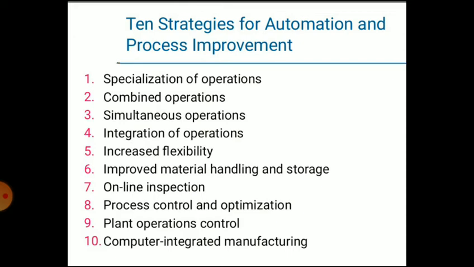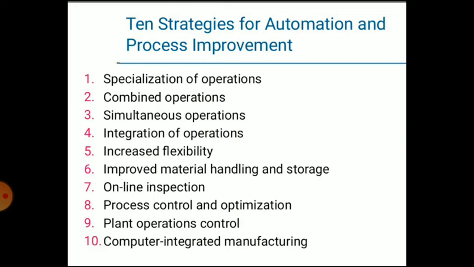So it includes first strategy, that is specialization of operation. Second is combine operations. Third, simultaneous operations. Fourth, integration of operations. 5, increase flexibility. Sixth, improved material handling and storage. 7, online inspection. 8.